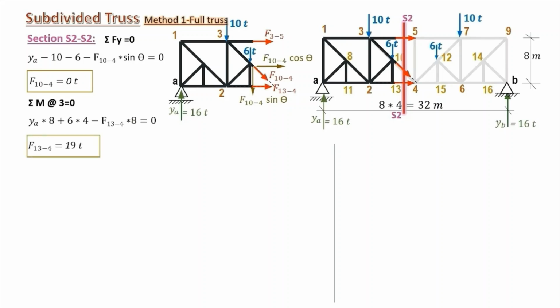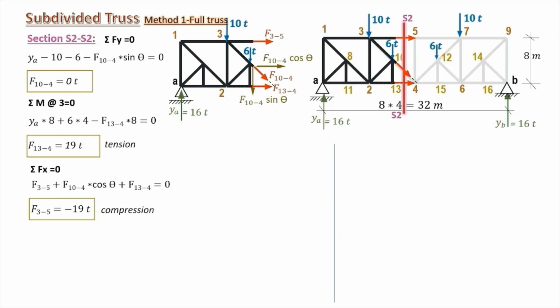So F13.4 equals 19 tons tension force, and taking sigma forces in the x direction now, we have 10.4 already known to be 0 and F13.4 already known to be 19 tons, and we are left with the only one unknown 3.5, so we can use this equation now. And this gives that the force in F3.5 equals minus 19 tons compression.